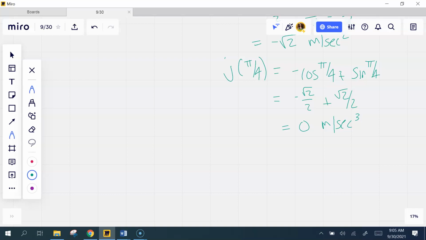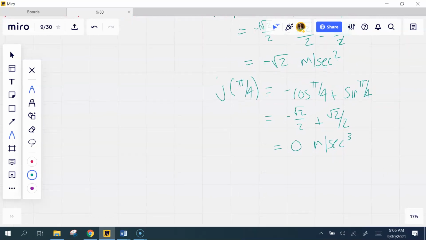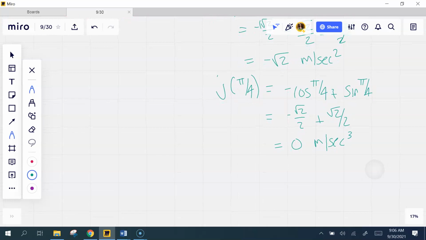Okay, yes, it oscillates at time 0. What's the motion?